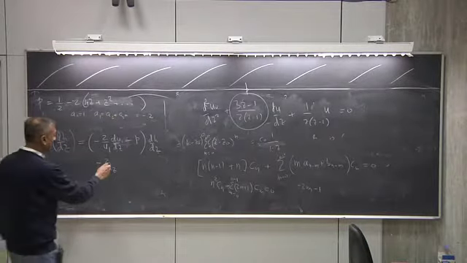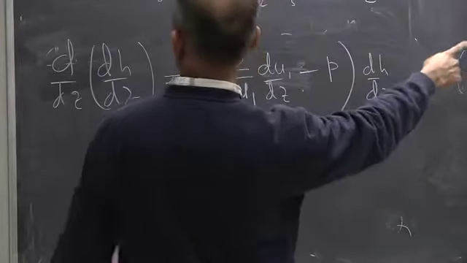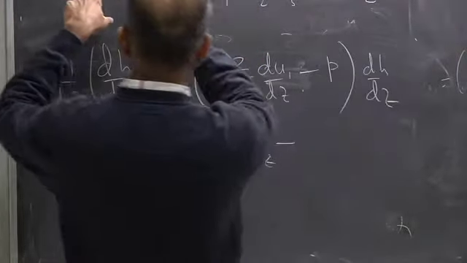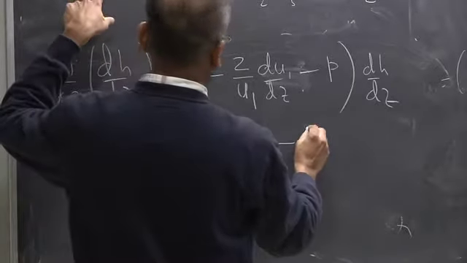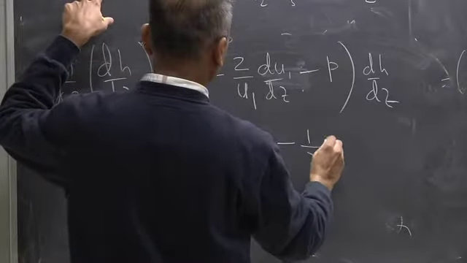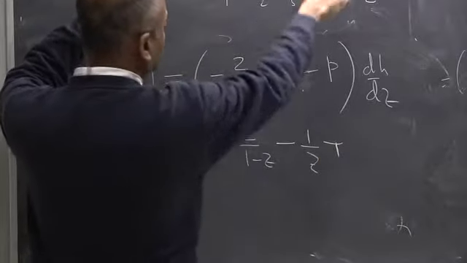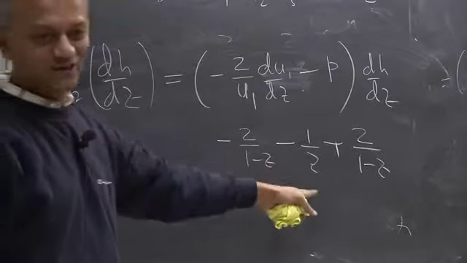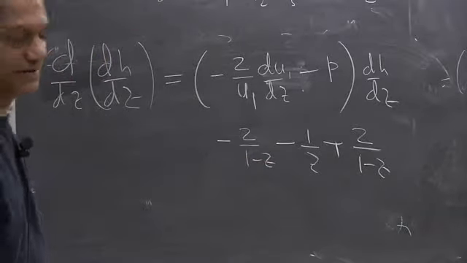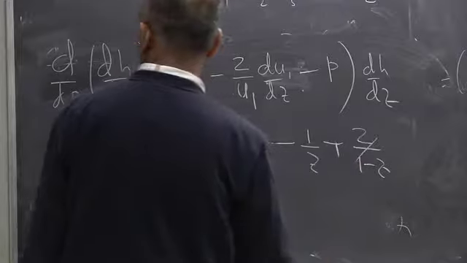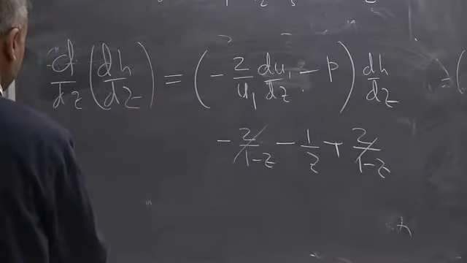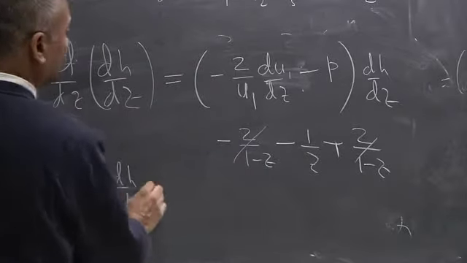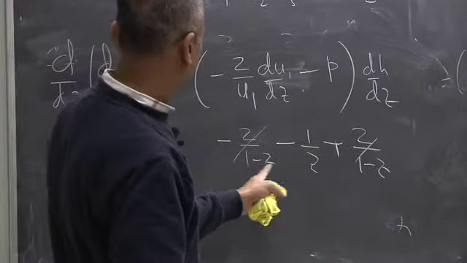And p is that which we already wrote like this: minus 1 over z plus 2 times this whole thing, but that's again 2 over 1 minus z. So this combination is simply minus 1 over z, right? It's quite simple. So this cancels, and you get d by dz of log dh by dz is equal to minus 1 over z.